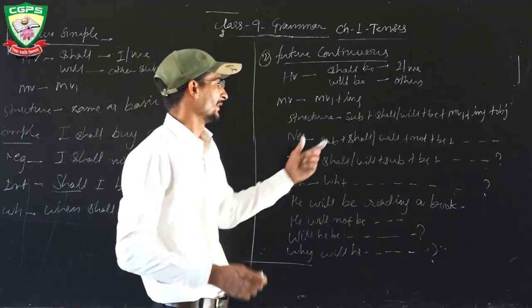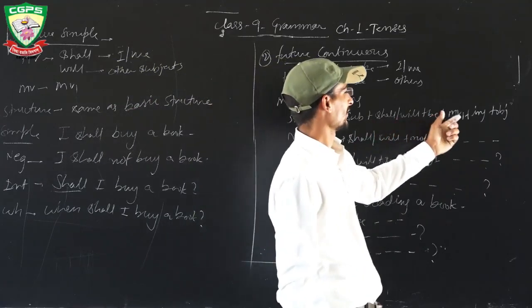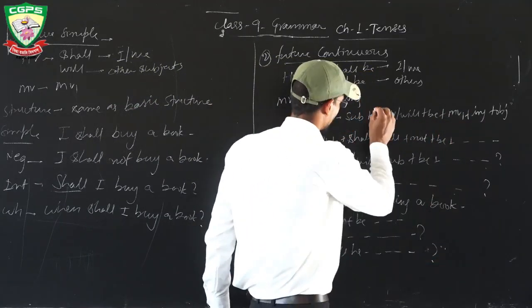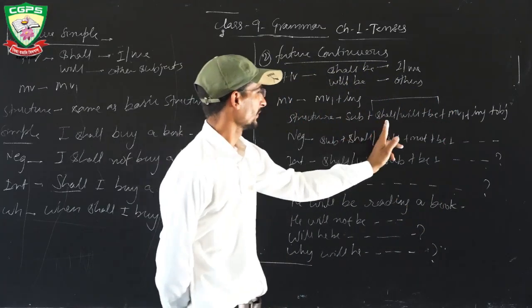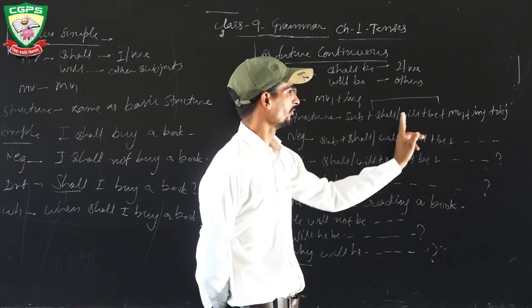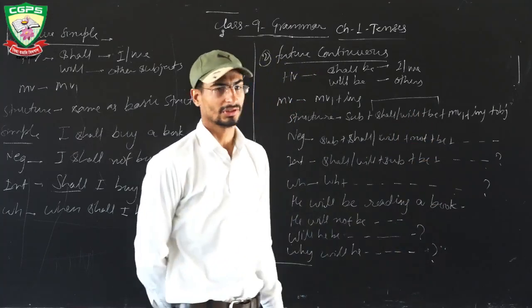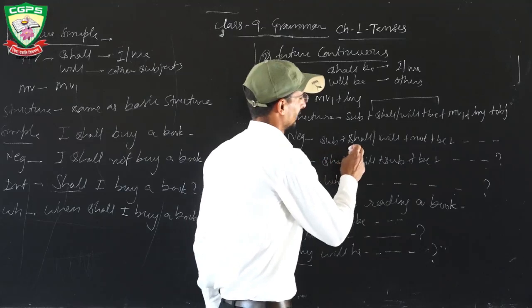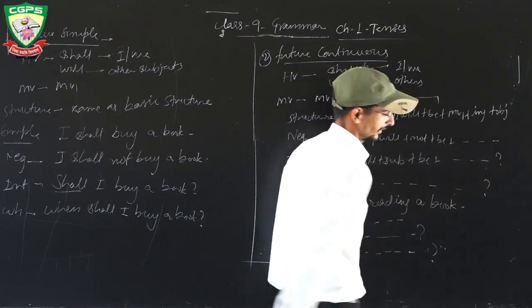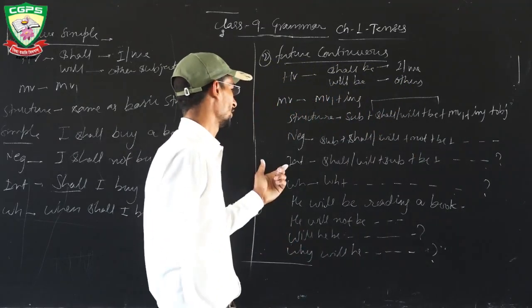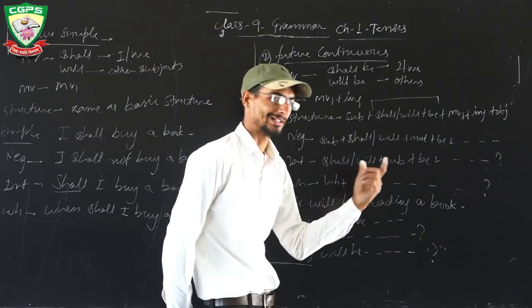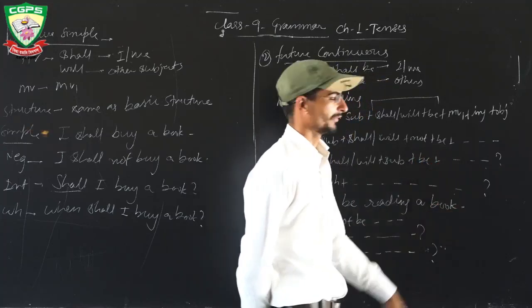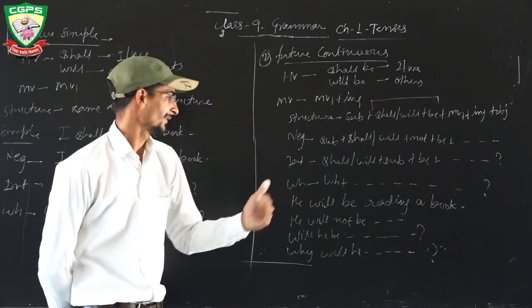Structure: subject, helping verb shall be or will be, main verb first form plus ing, object. Negative: shall not be and will not be, subject shall or will not be, rest structure is same. Similarly, interrogative sentence: shall or will at the start, then subject, then be after the subject. Main verb first form plus ing, rest structure is same.